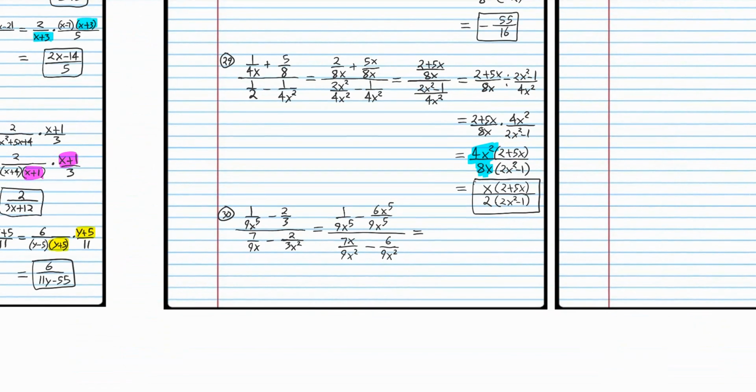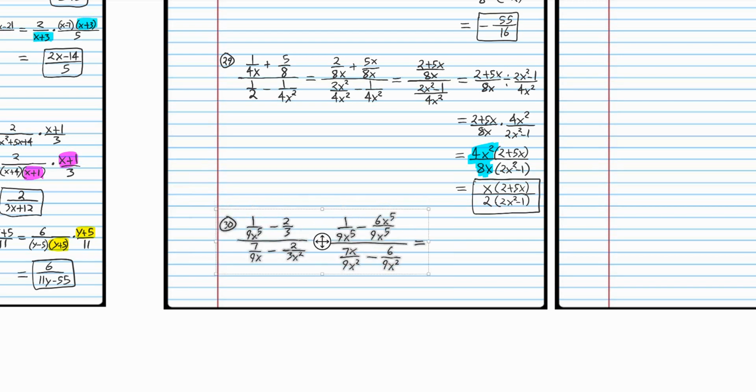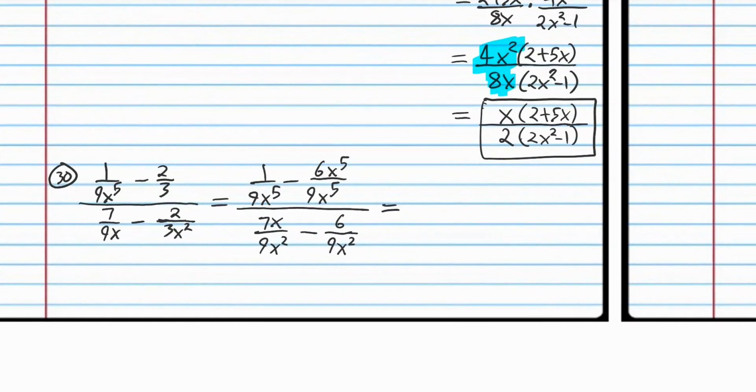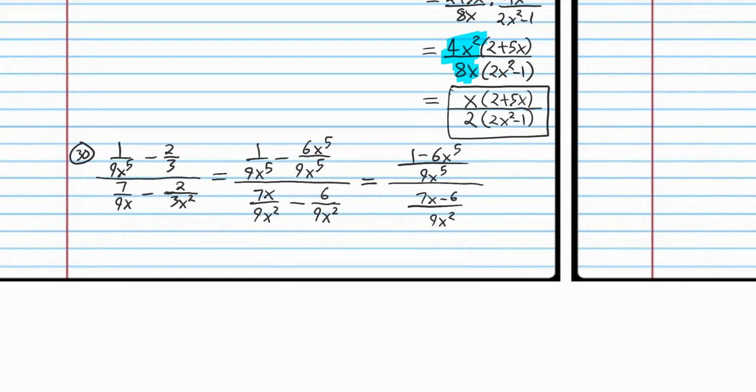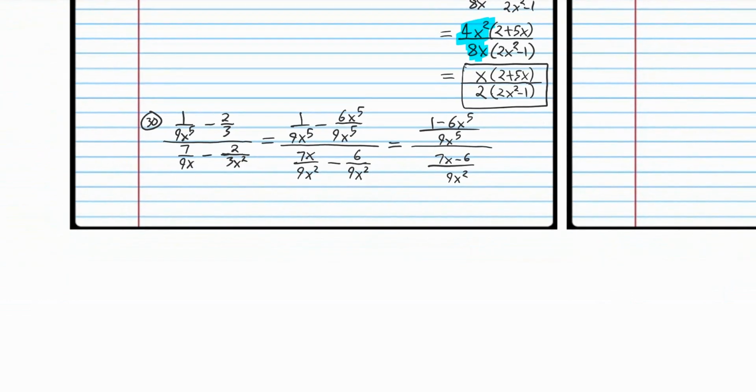I think I'm going to need a little more room here. So we have 1 minus 6x to the fifth over 9x to the fifth, so on and so forth. And now, of course, we just follow the same algorithm. Looks like I'm going to have to shrink some of this stuff. I guess I'll just go off the page. Put a little arrow there.